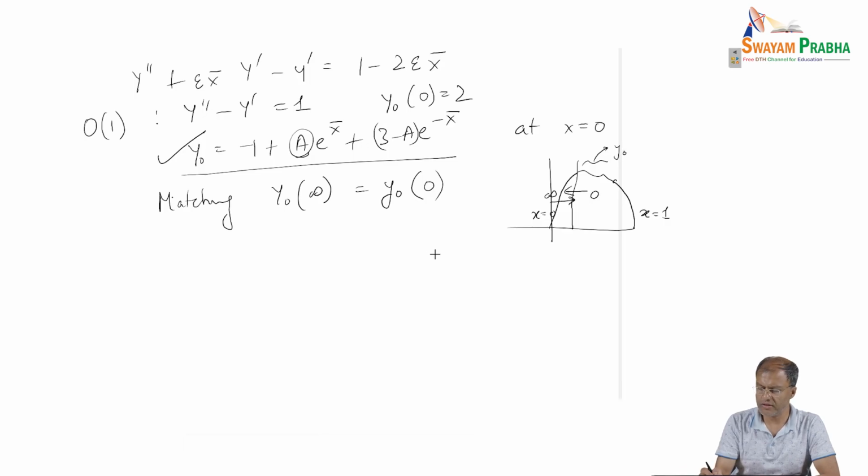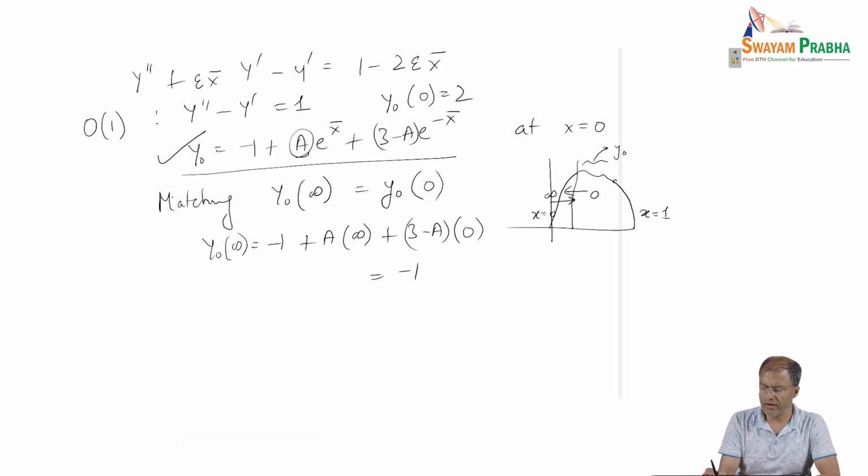We see that y0 at infinity is minus 1 plus a times infinity plus 3 minus a times 0, and this has to be equal to the regular solution at 0, which is minus 1, and we see that if we take a equal to 0, we are done. We are able to match nicely, and that is the value of a that we will take, a equal to 0. Okay, so my solution at the left end is minus 1 plus 3 times e to the power minus x bar.